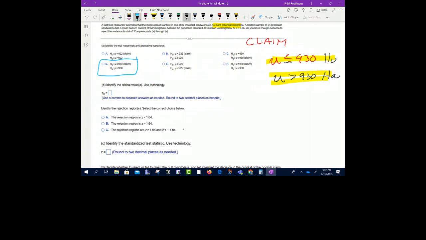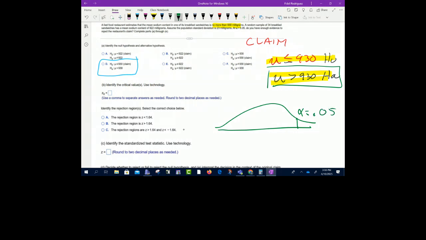Okay. Now, second question, guys. I'm going to draw a picture. Before I even do my critical value, I'm going to draw my normal curve. What do you think? Left tail, right tail, or two-tail test? Very good. Look, y'all, this is a right tail test. The alpha in this case, is it 0.05?